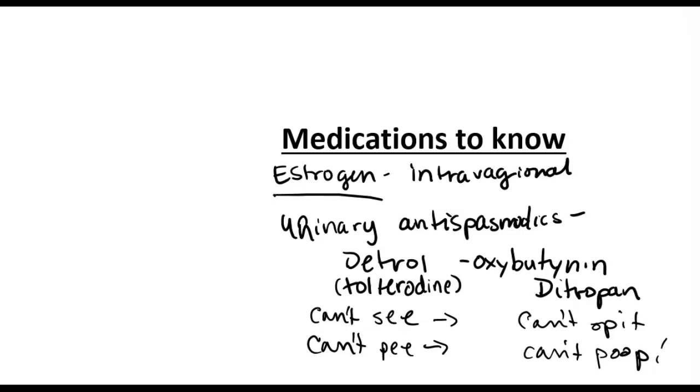So there are some reasons we shouldn't use Ditropan and the other meds, and those are usually due to urinary obstruction, hypertension that is uncontrolled, cardiovascular disease. Use very cautiously. Narrow angle glaucoma.